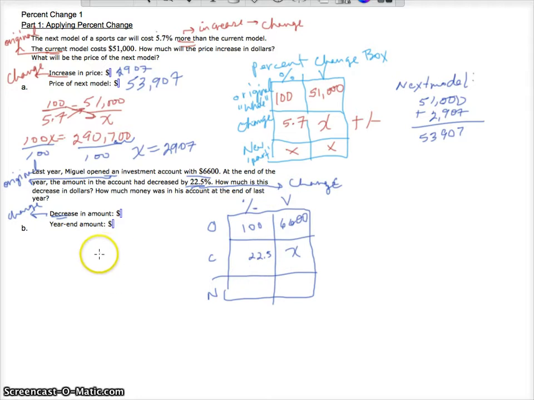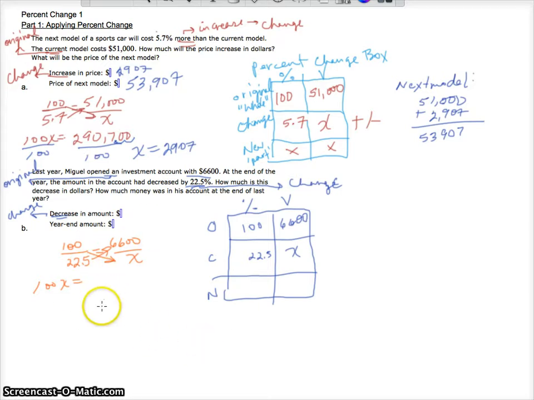So I'll have 100 over 22.5, and then I'll have 6,600 over X. Now I can cross multiply. I'll have 100X equals 22.5 times 6,600.